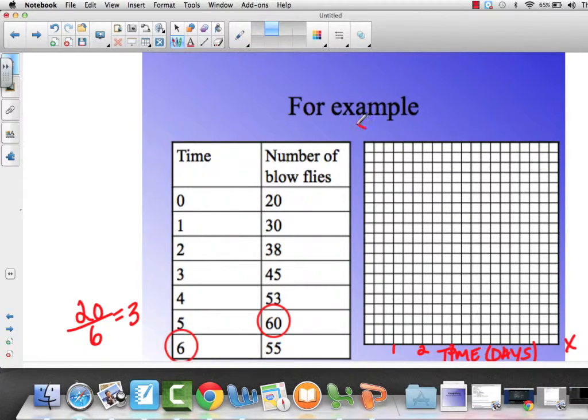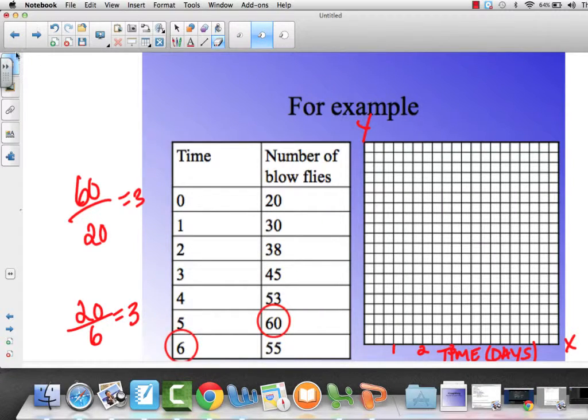Now, on my y-axis, we know that it's the number of blowflies, right? My highest number is 60. Notice how it's not the last number. I'm looking for the highest number. And I've got 20 boxes. So I've got 60 divided by 20, which is 3.